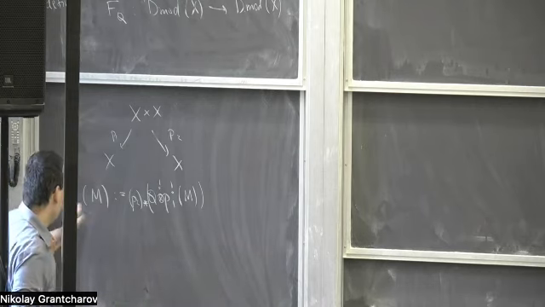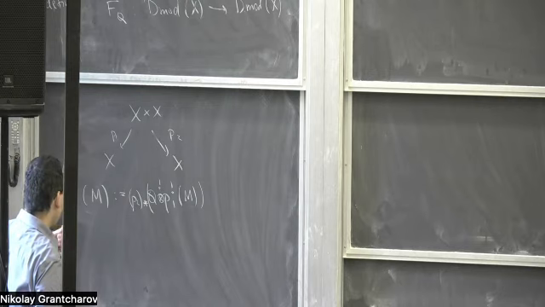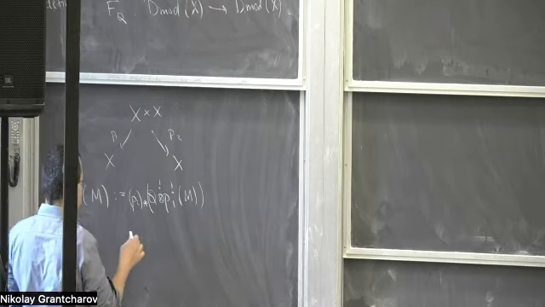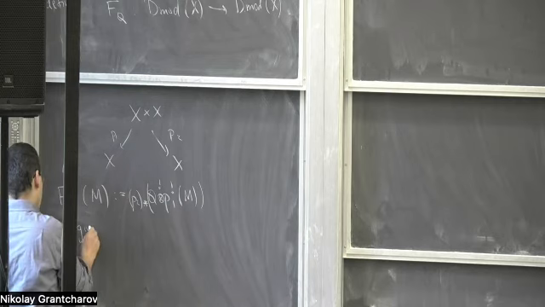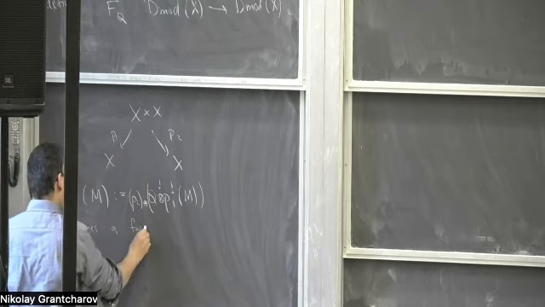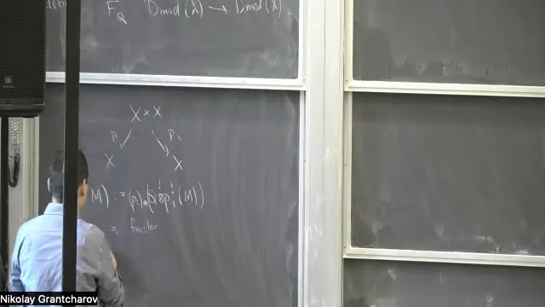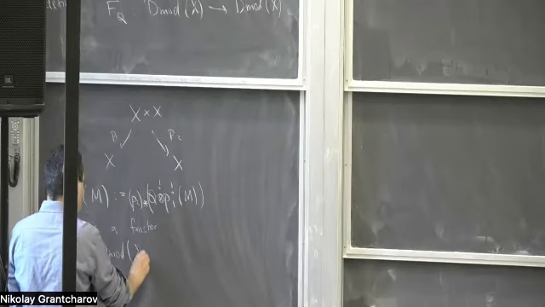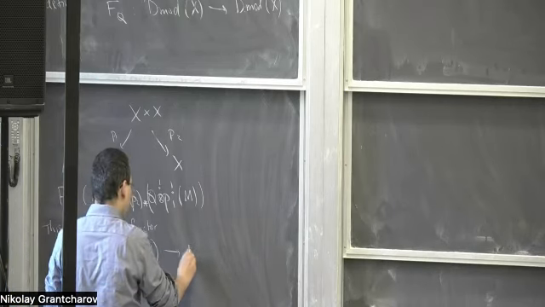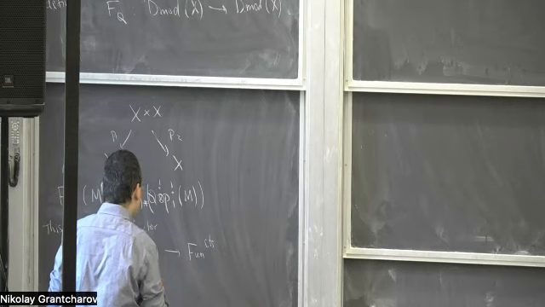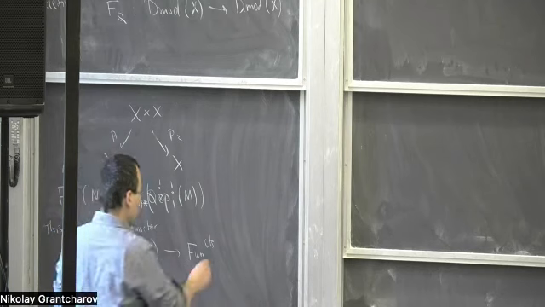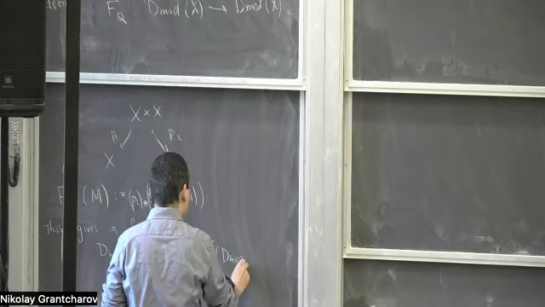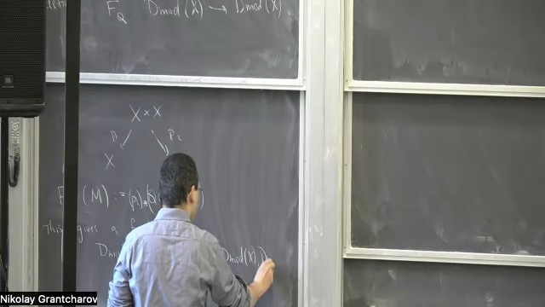So this gives a functor from D modules on X times X to continuous functors of DG categories from D modules on X to D modules on X, where continuous means preserving all colimits.